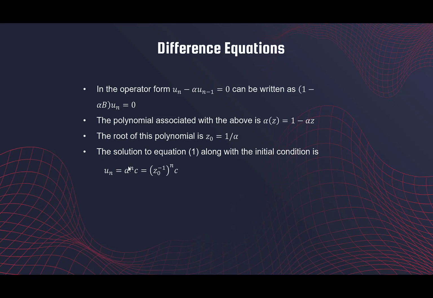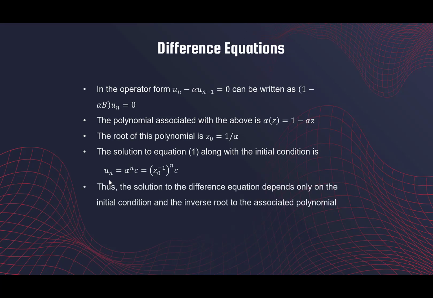So I'm telling you that this is the solution for equation 1, and we'll check that this is a solution very shortly. But note that this solution to the difference equation depends on the initial condition c, and it depends on the root of the polynomial. So again, we'll find that in difference equations, even the more general ones, to solve for them, we will need initial conditions and we will need the roots of these associated polynomials.